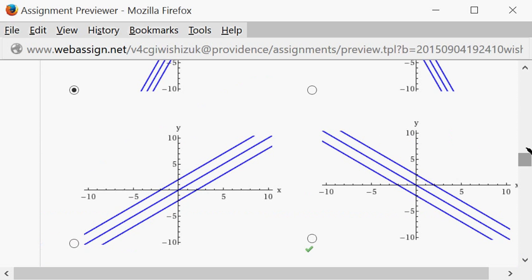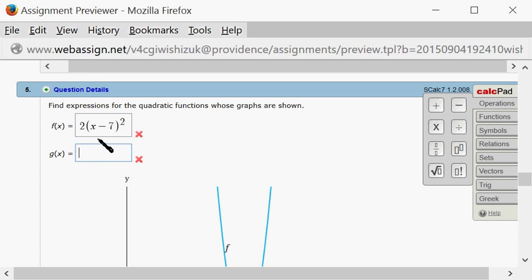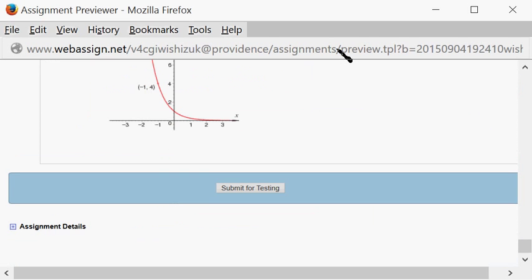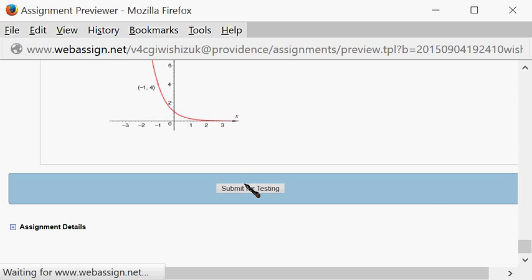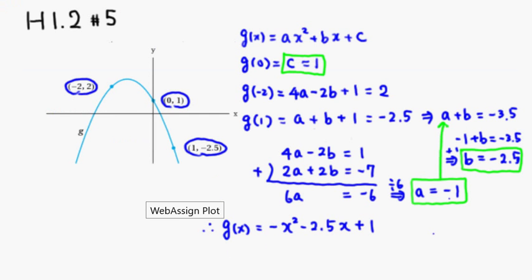We found that to be negative x squared minus 2.5x plus 1. Let's go down and submit for testing. It came back and it looks like we got this one correctly. That's it. I hope that this was clear.